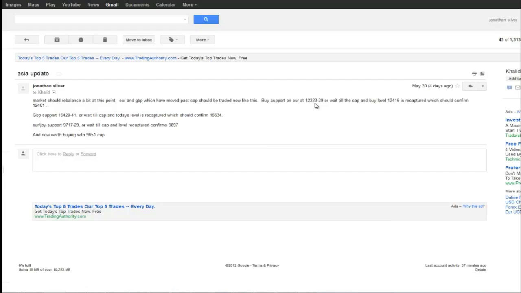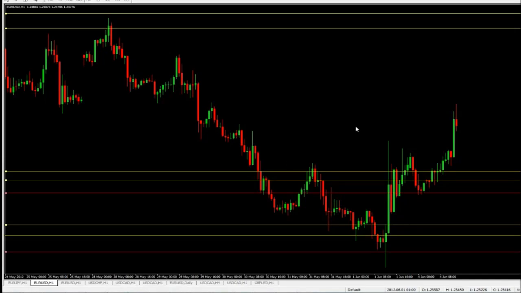In a place like this, you can look to buy the next level if I'm providing information. Or the safest way is to trade the recapture of the levels, which would confirm higher. That's probably the first time I've ever said that, so I want to go over what that actually means and looks like.